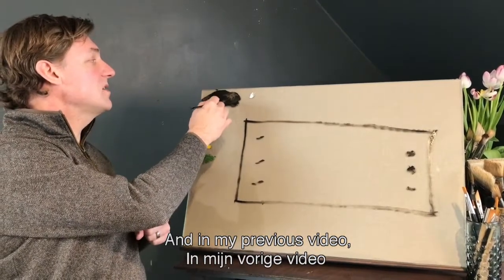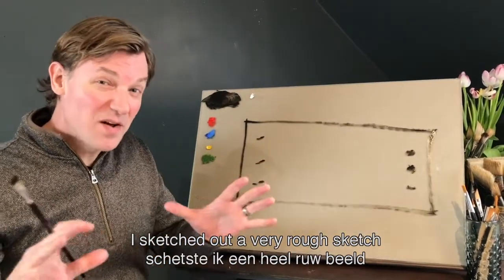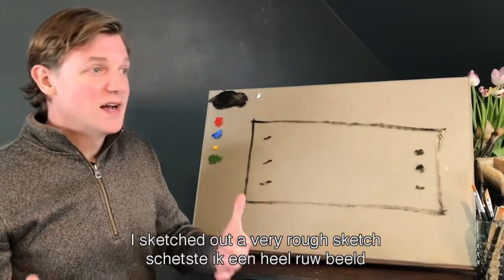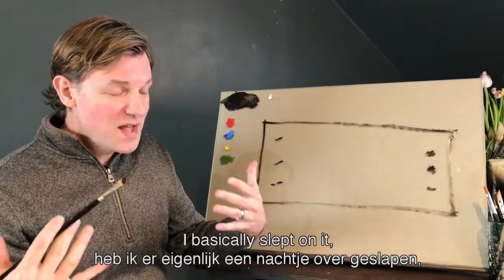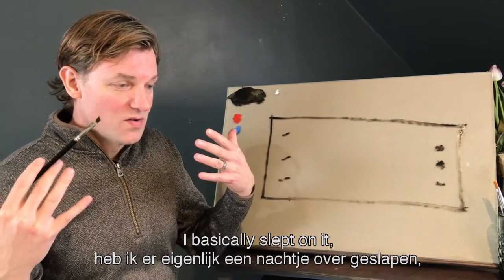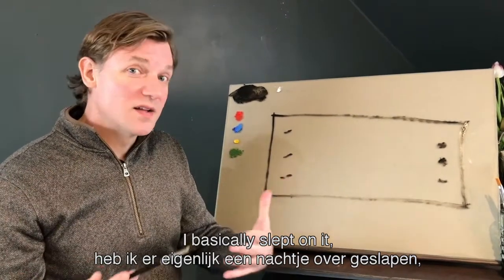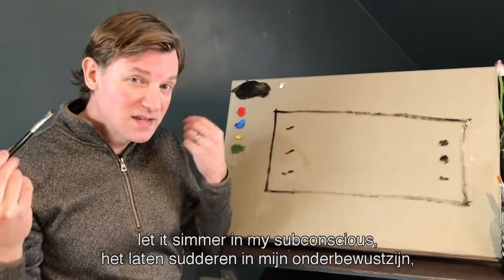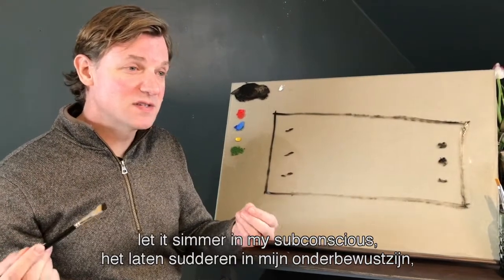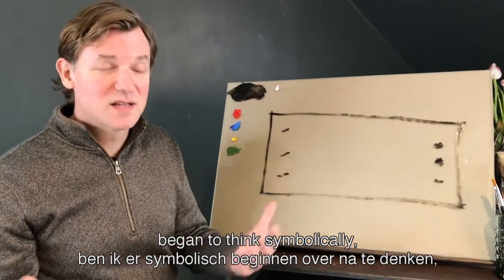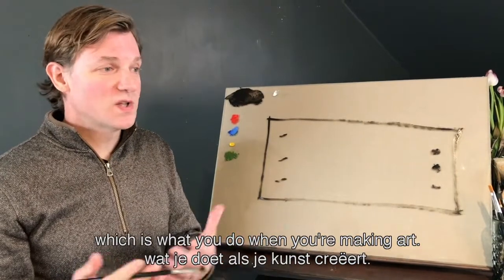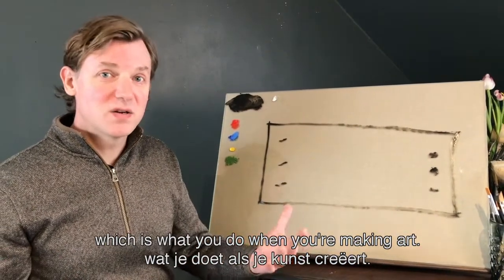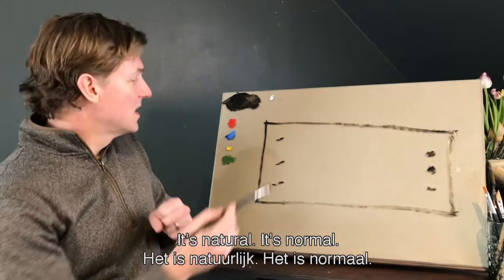And in my previous video, I sketched out a very rough sketch. And from that sketch, I slept on it, thought about it, let it simmer in my subconscious, and began to think symbolically, which is what you do when you're making art. It's natural, it's normal.